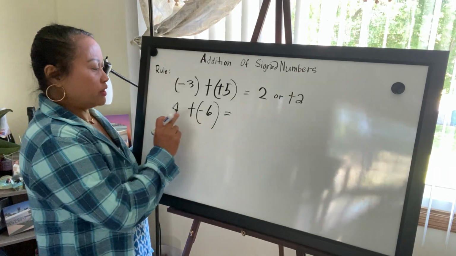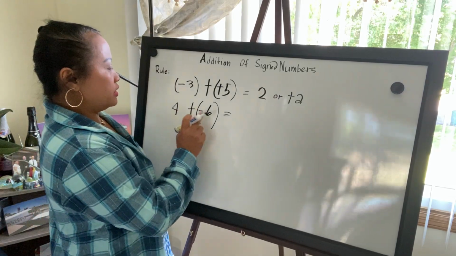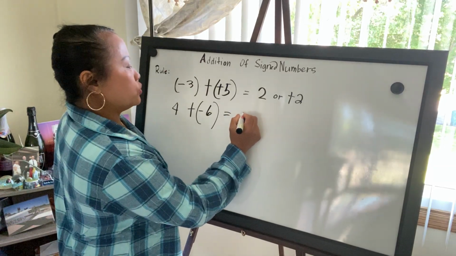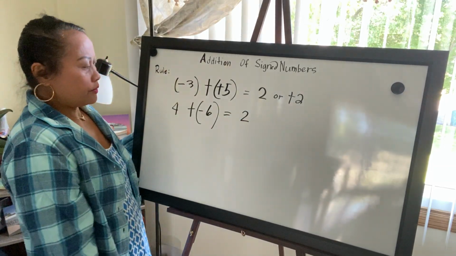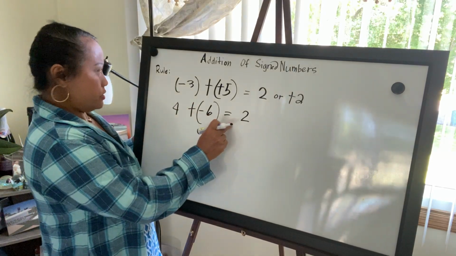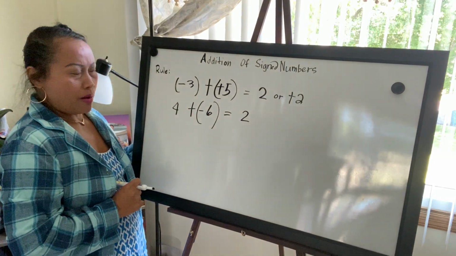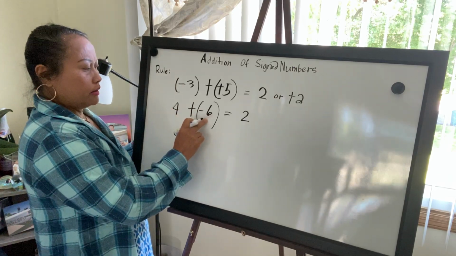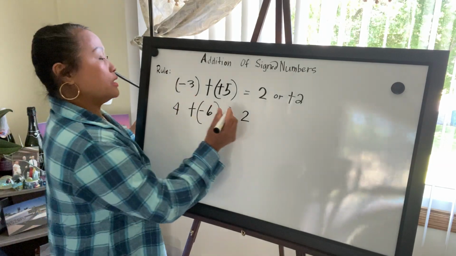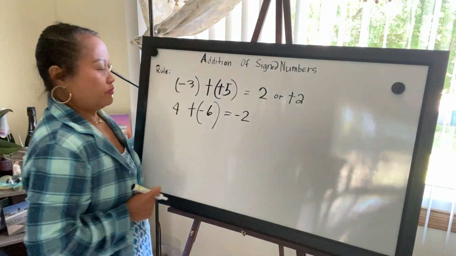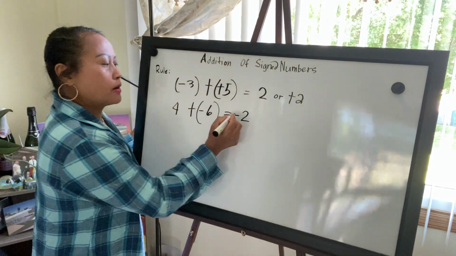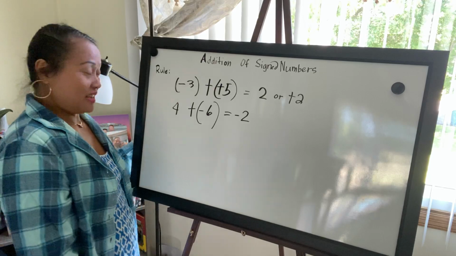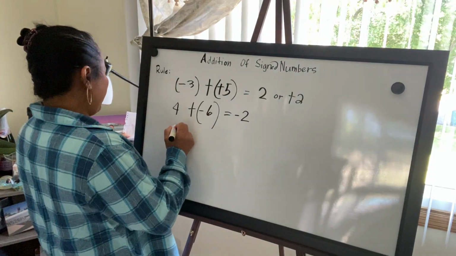What is the difference between these two numbers? Yes, 2. And then we have to write down the sign of the greater number. The greater number is 6, so we put the sign of a negative. Since 6 is negative, we write down negative 2. Okay, it's easy.